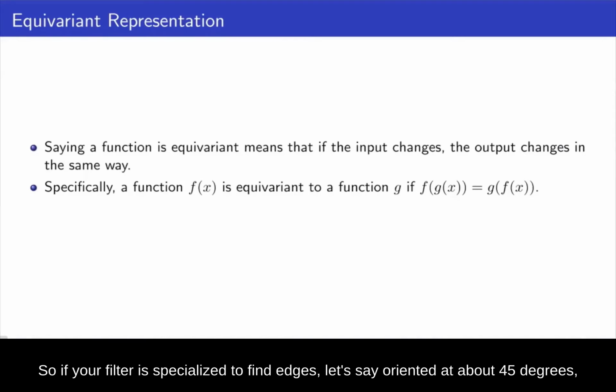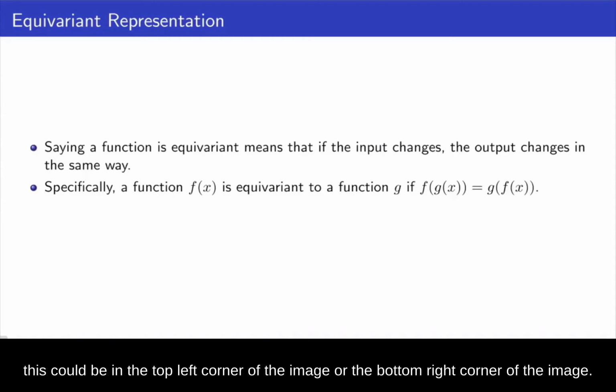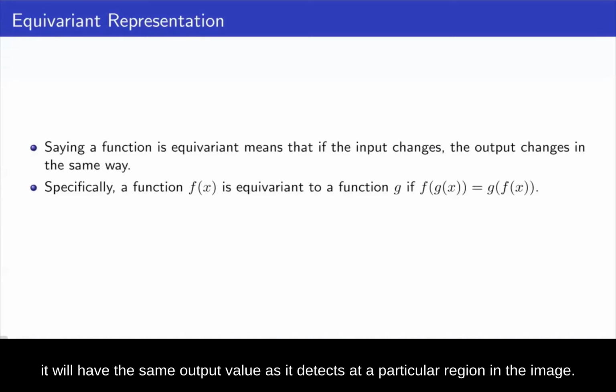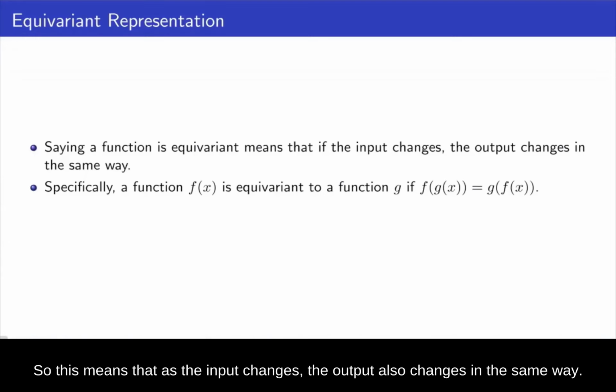If your filter is specialized to find edges, let's say oriented at about 45 degrees, this could be in the top left corner or the bottom right corner of the image, so it doesn't really matter. As long as you slide this filter, it will have the same output value as it detects the feature at a particular region in the image. So as the input changes, the output also changes in the same way.